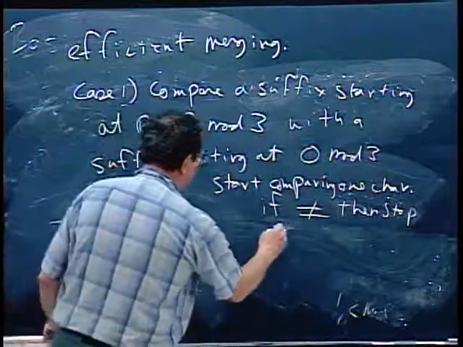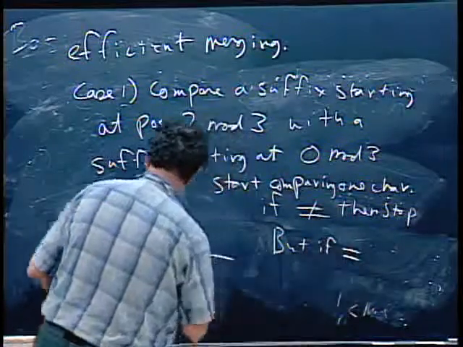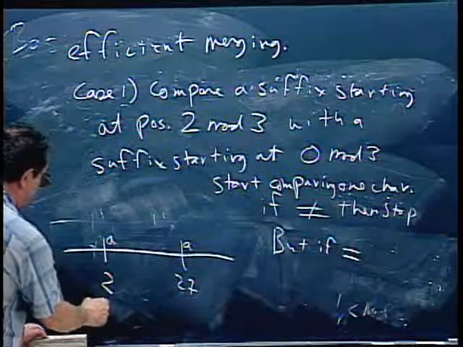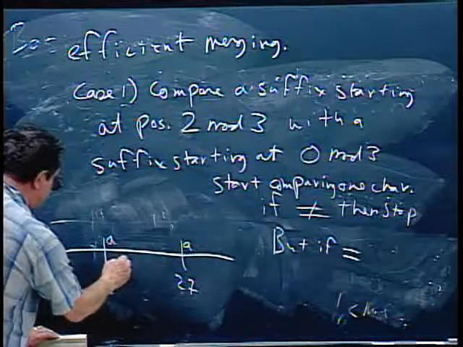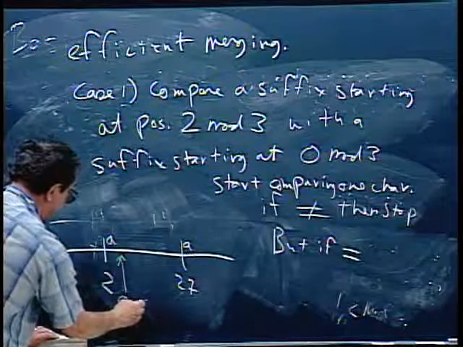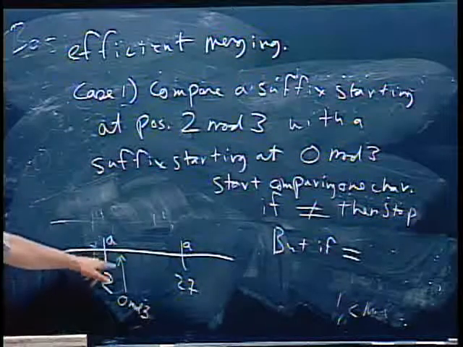But if they're equal, then you move over by 1. Now, this was a 2 mod 3, so this is now a 0 mod 3. The next position over.